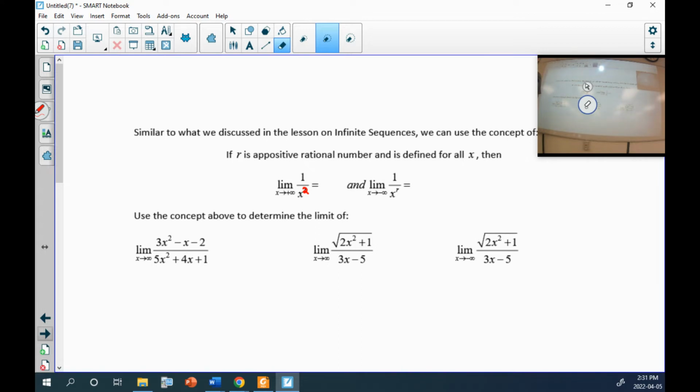But it's essentially 0. So the limit as a function like this approaches infinity, it doesn't matter what the exponent is. It can be 1, 2, 64, 1/2 for that matter. As x approaches infinity, we're talking about 1 over a large number, and 1 over a large number becomes close to 0.